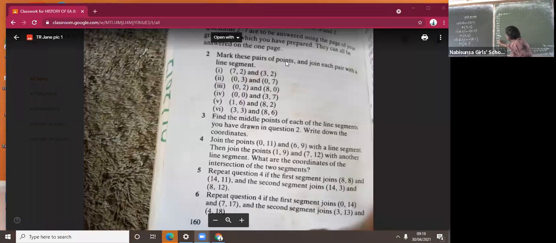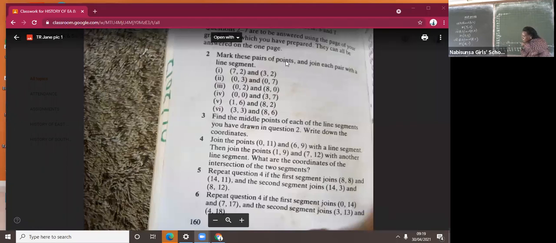For instance, if it is AB, how do we move from A to B? We first take the steps across and then the steps vertically. So across, we are moving 1, 2, 3, 4, 5, 6, 7, 8. How many steps are they?